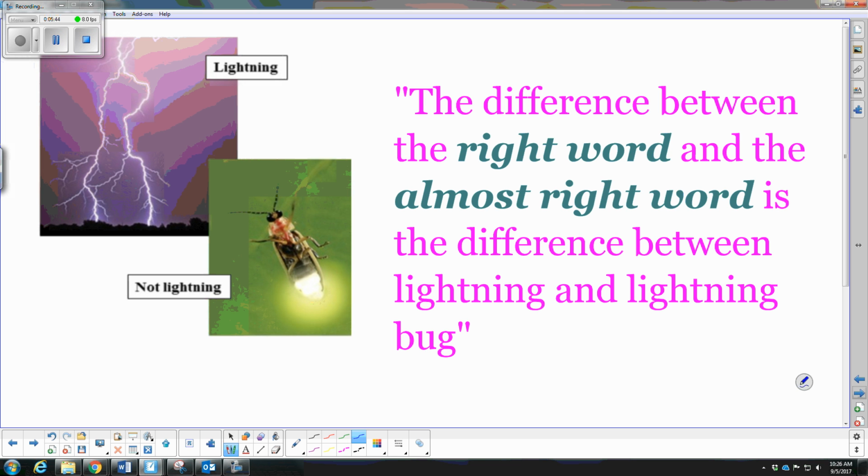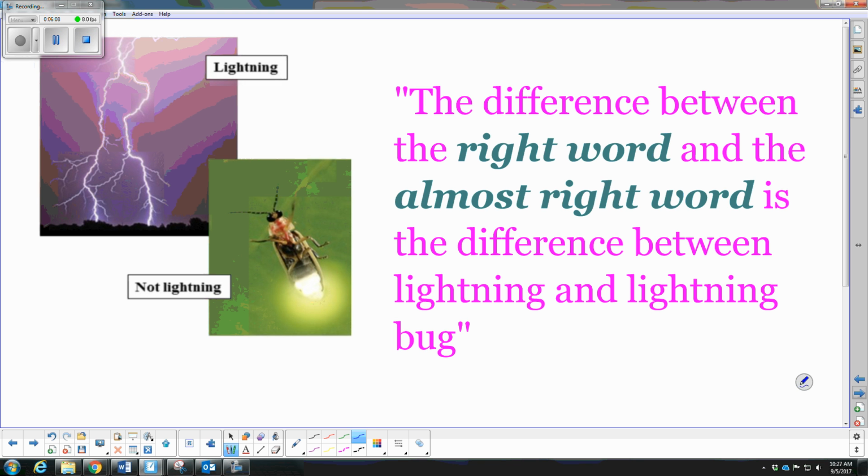When you're using vocabulary, especially related to diagrams, but all the time, make sure that you use proper language. The difference between a right word and an almost right word is like calling a lightning bug lightning. It's close, the vocabulary is close, or it looks close, but those are two very, very different things.